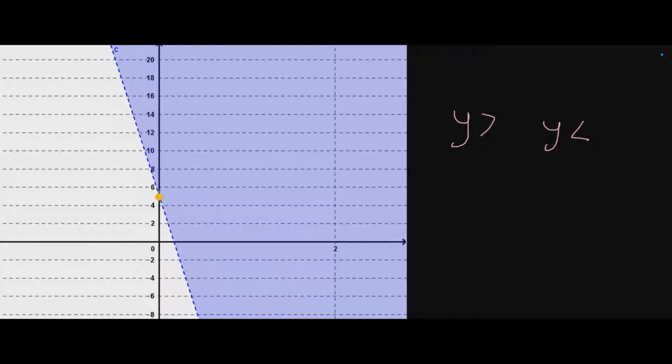What if I draw the yellow line going up on the y-axis? Is it in the shaded region? My friends, it is. So we know for a fact, if I was to start this equation, it'd be y is greater than, and because the y-intercept is 5, it'll be 5.